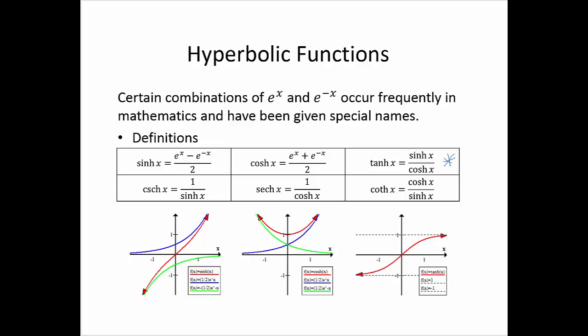We have similar reciprocal relationships. 1 divided by the hyperbolic sine results in the hyperbolic cosecant. 1 divided by the hyperbolic cosine results in the hyperbolic secant. And the reciprocal of the hyperbolic tangent results in the hyperbolic cotangent.